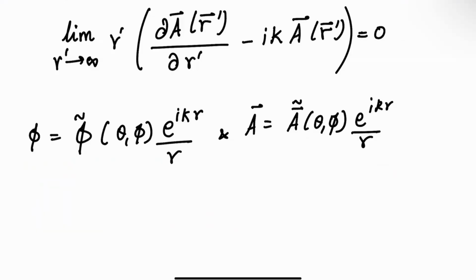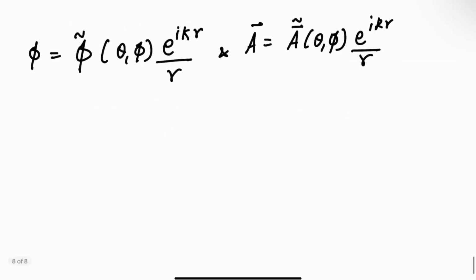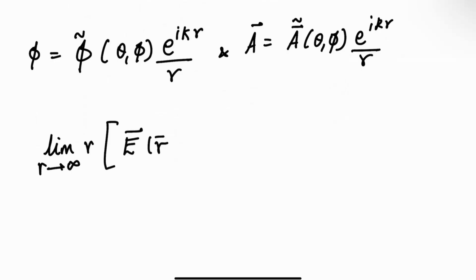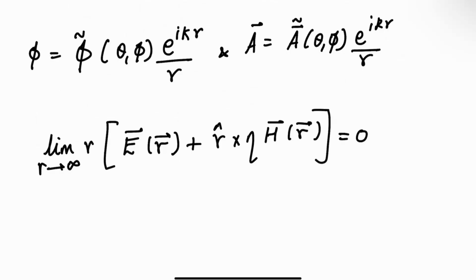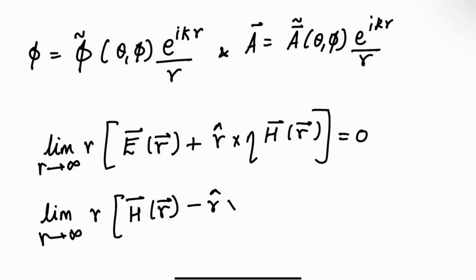Okay, so now that we have A and phi, you can put them into the expressions that give you the fields from the potentials, and you can show that the fields satisfy a similar boundary condition, which is: limit r tends to infinity, r times (E of r plus r hat cross H of r) equal to 0, and limit r tends to infinity, r times (H of r minus r hat cross E of r over eta) equal to 0.